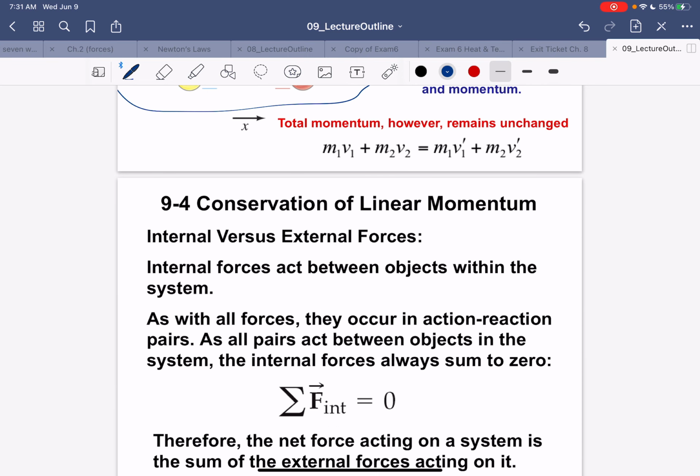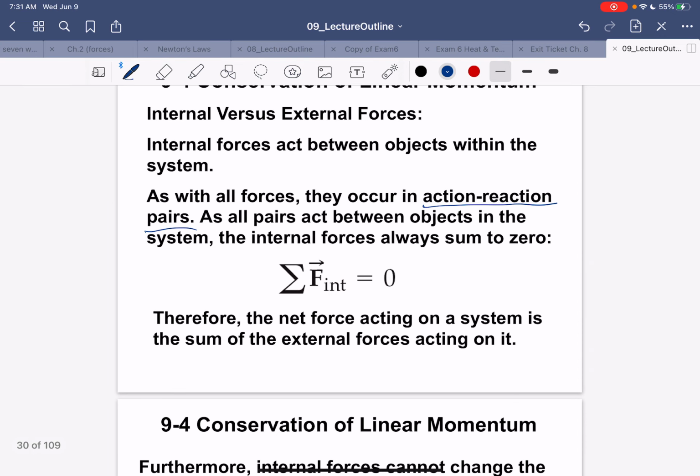Now we know that there are some forces we call external forces, and there are forces that, during the interaction, we call internal forces. Because these internal forces are action-reaction pairs, they are going to cancel when we add all the forces.